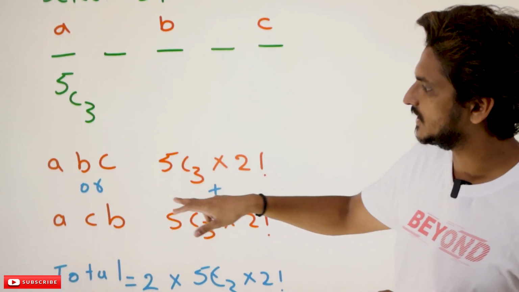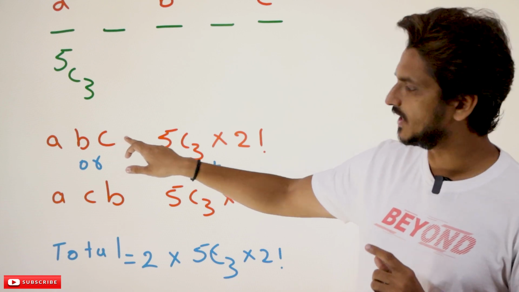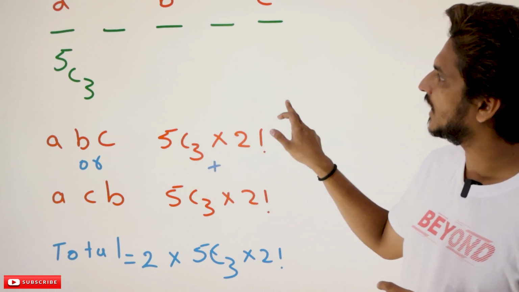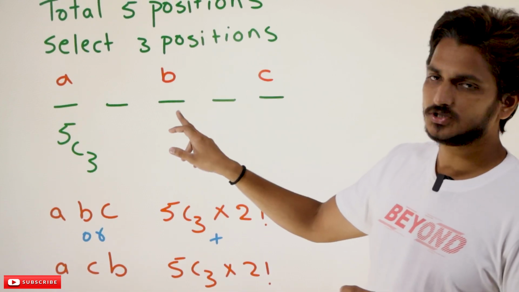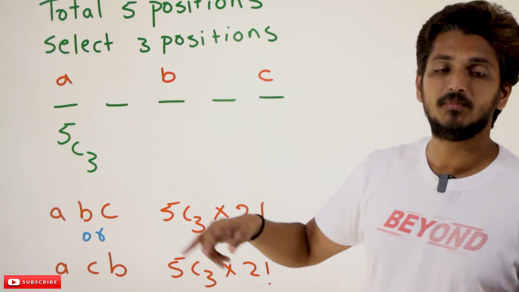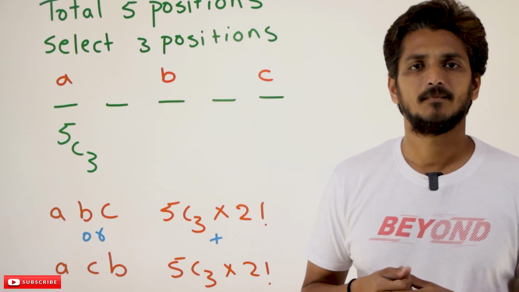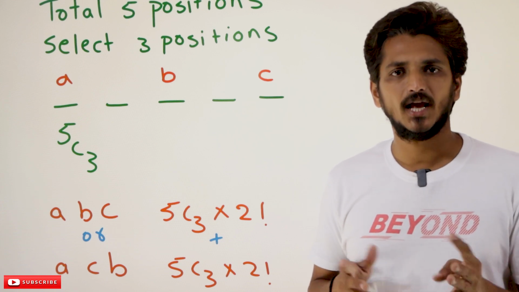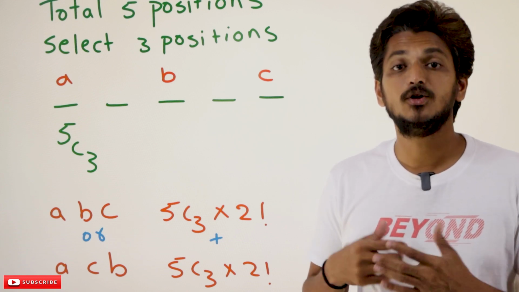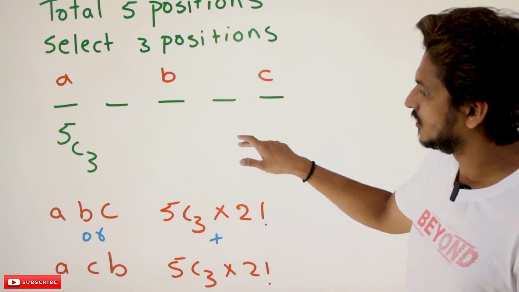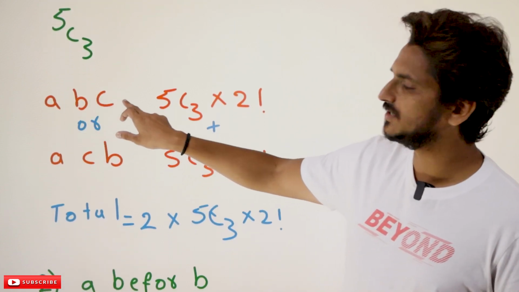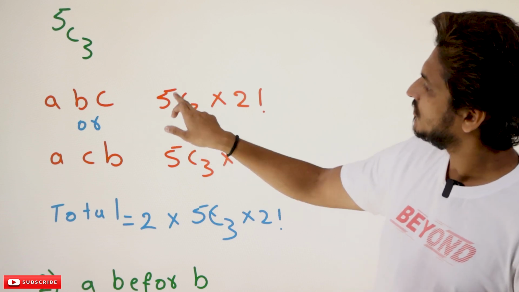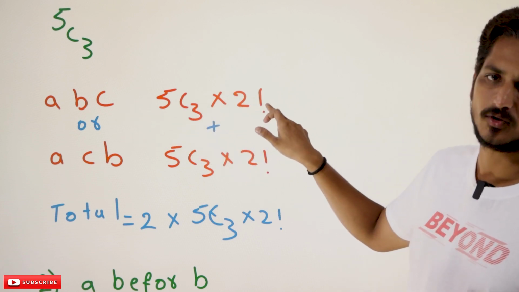So in order to solve these examples, A, B, C can be done in 5C3 multiplied by, once you select 3 positions, the remaining 2 positions can be filled with the remaining 2 elements. What are the remaining 2 elements? D and E, in 2 factorial ways. So the option A, B, C can be solved in 5C3 multiplied by 2 factorial ways.